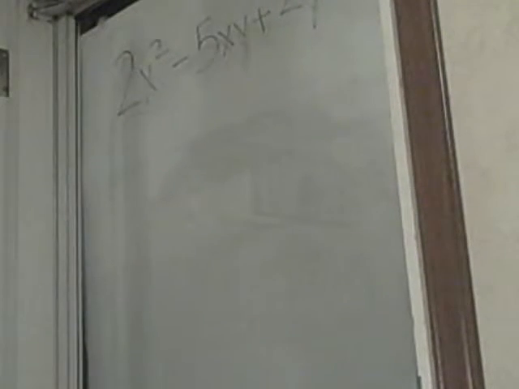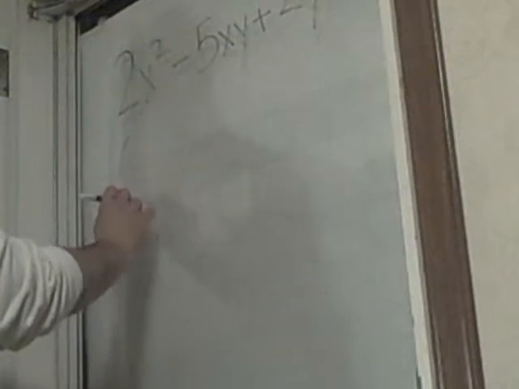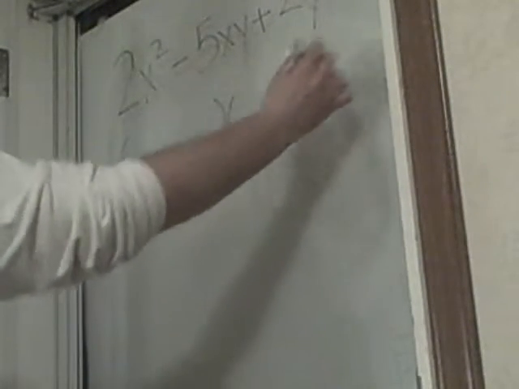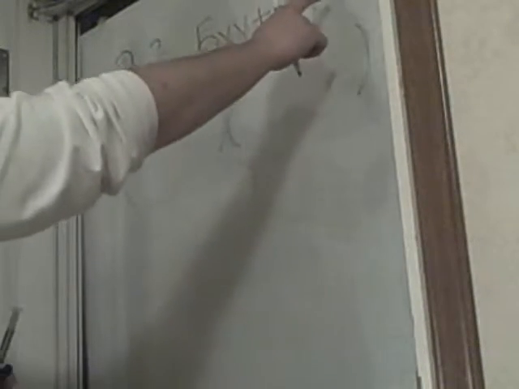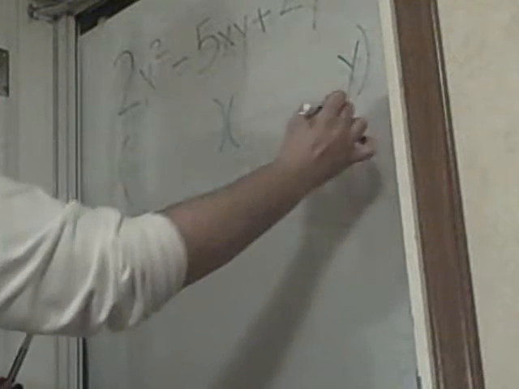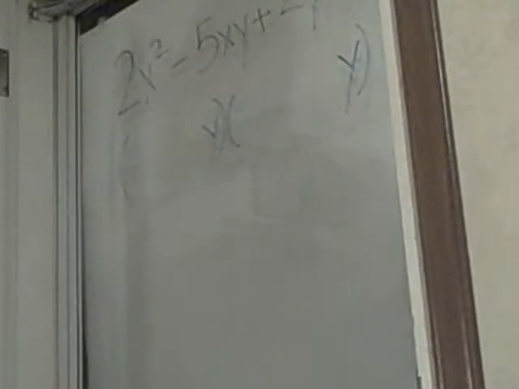Don't let the y squared in the back throw you off. It's really no big deal. We're paying attention primarily to the numerical coefficients. So we set up our binomial just as before, and the only thing that's going to be different is there's going to be a y back here with my second term.